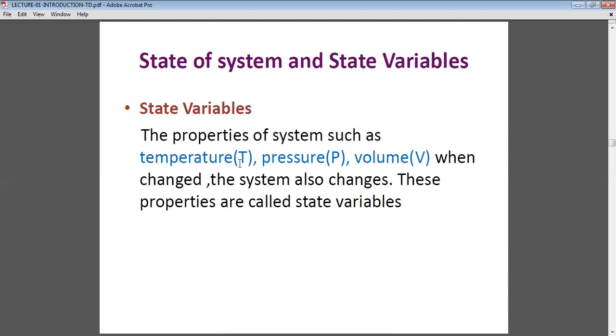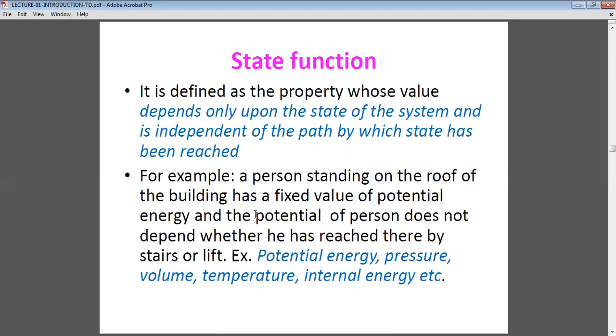Next, the properties of the system are temperature, pressure, volume. When these are changed, the system also changes. These are called the state variables. Next, coming to state function. It is defined as the property whose value depends only upon the state of the system, and it is independent of the path.